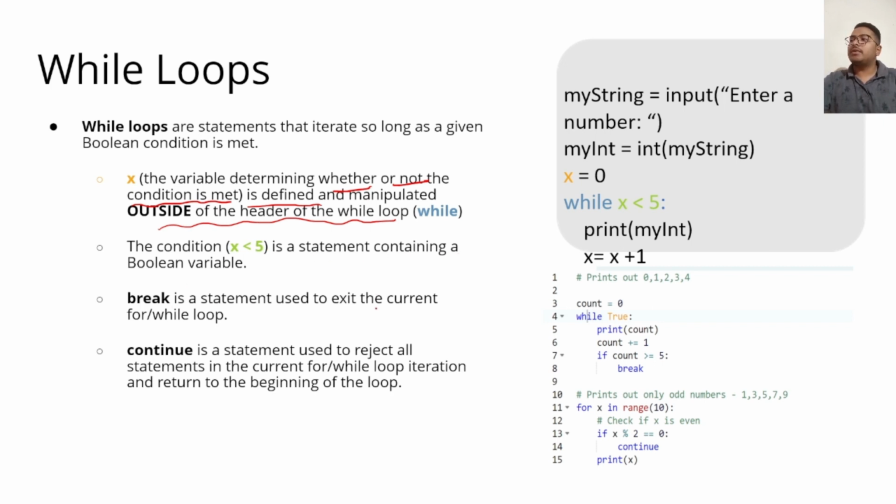Break is a statement used to exit the current for or while loop. Continue is a statement used to skip all statements in the current for or while loop iteration and return to the beginning of the loop. You can see the code here. The break statement is used to break out of the loop, and otherwise it continues.